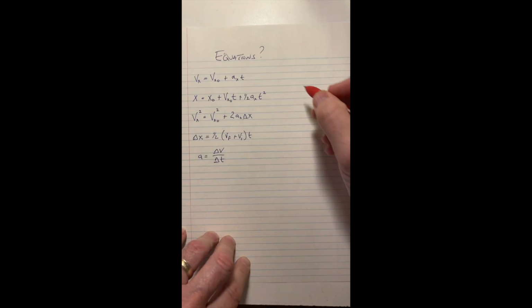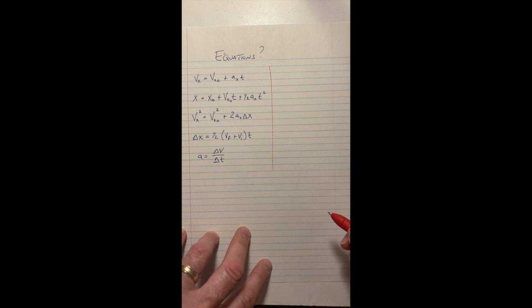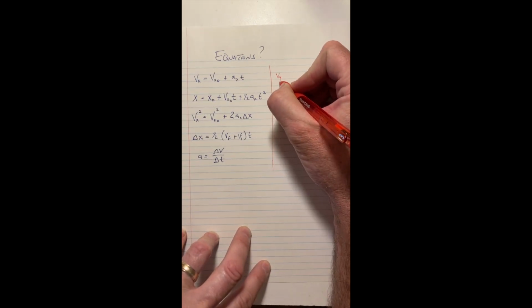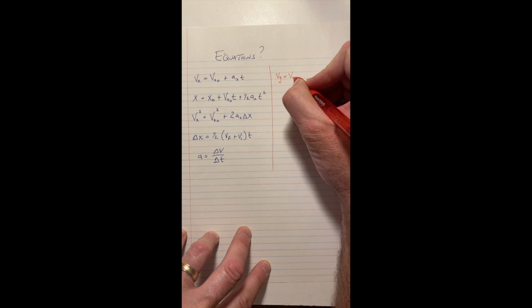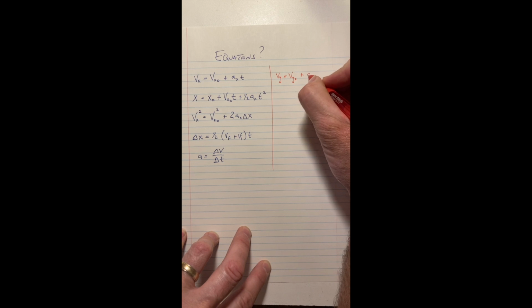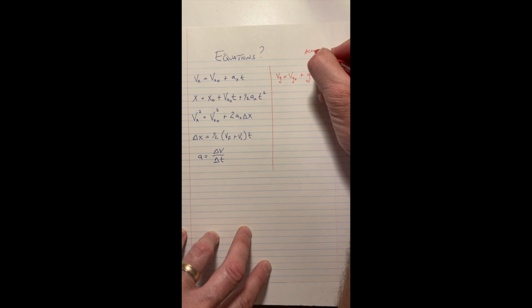And we want to change them into y direction equations. So in order to do that, I'm going to take and make this Vy, and that's going to be equal to my initial y speed plus my gravity times time. Because in this case, my acceleration is the acceleration of gravity.